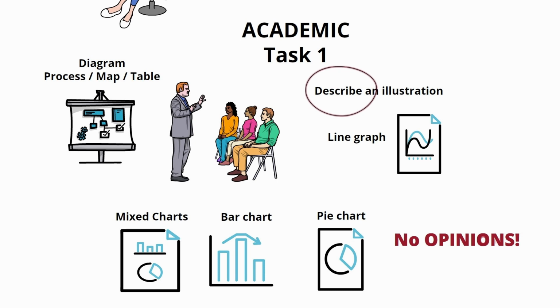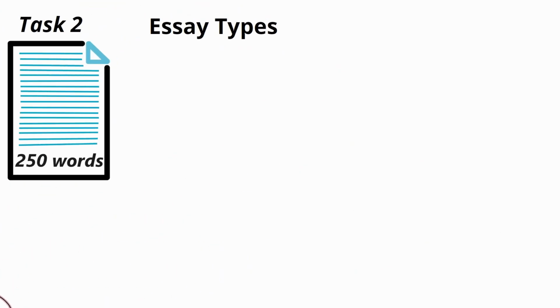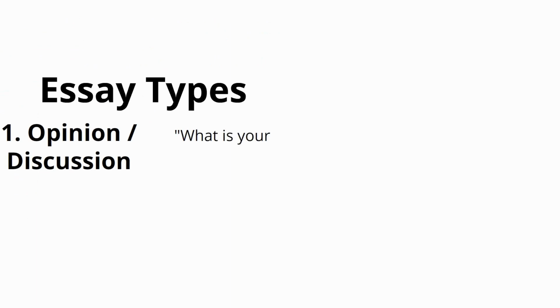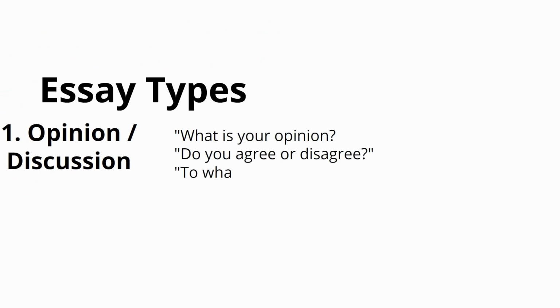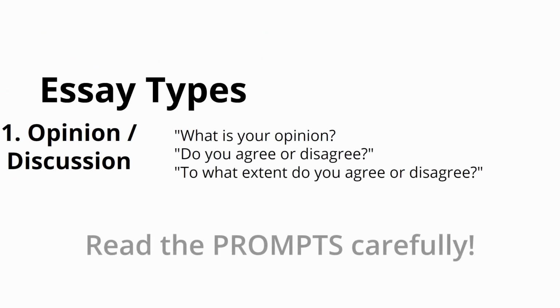Let's look at the more important writing task 2. There are many ways to divide the essays into types, but we will put them into 4 categories. First is opinion essays or discussion essays. These are essays which directly ask us for our opinion.